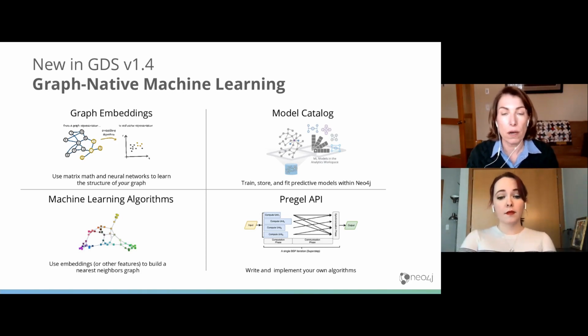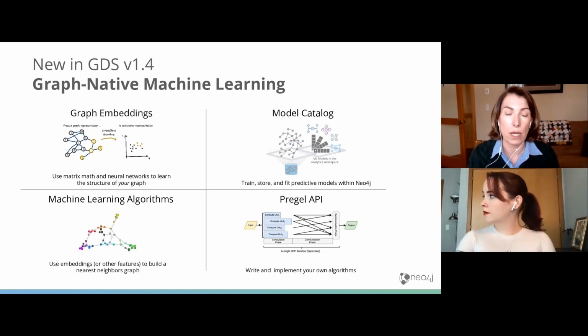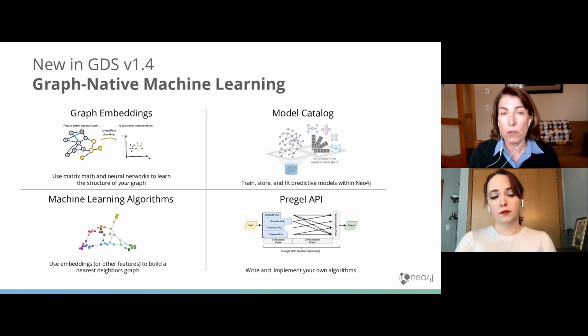We've also included more full featured support around our graph Pregel API, so that people can write their own algorithms and implement them within Neo4j, or use algorithms that they've implemented in other systems and now want to use in Neo4j as well. So those are the big things with GDS 1.4.